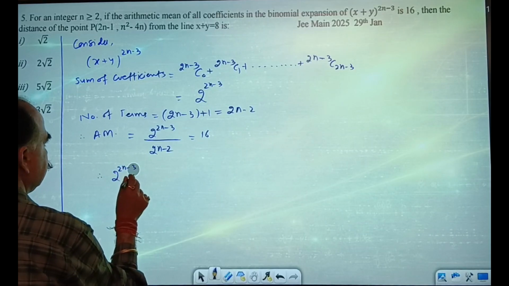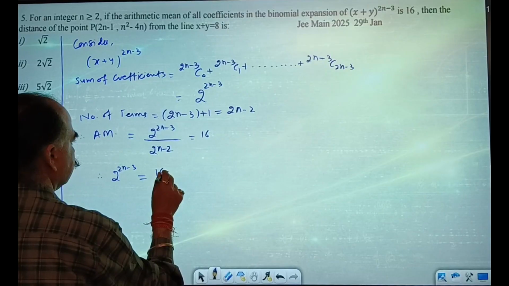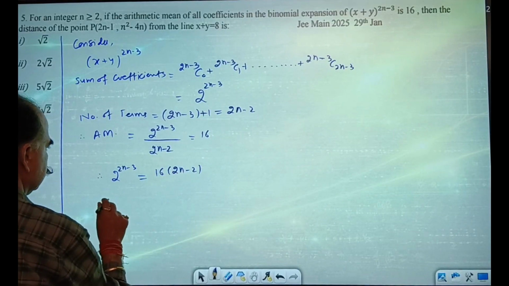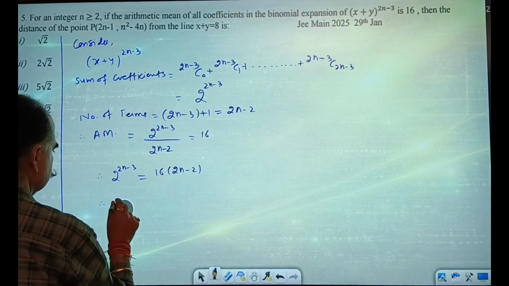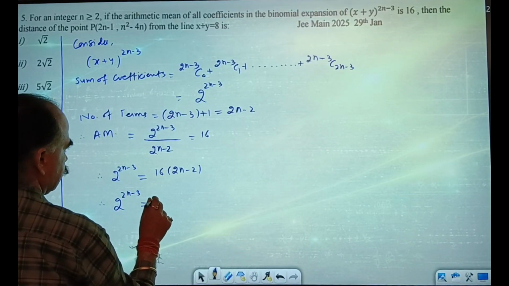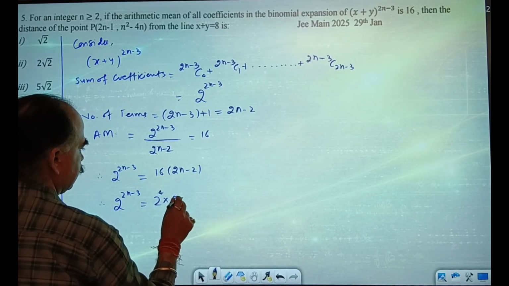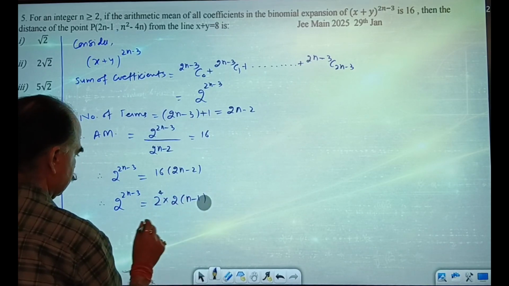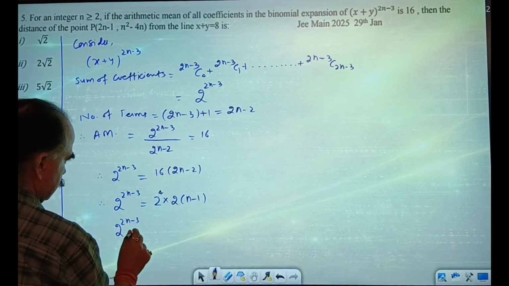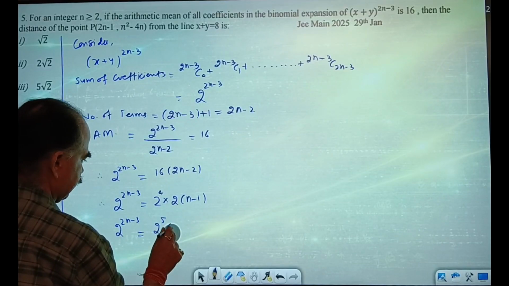So 2^(2n minus 3) is 16 times (2n minus 2), which is 2 raised to 4 into 2 into (n minus 1), that is 2 raised to 5 into (n minus 1).